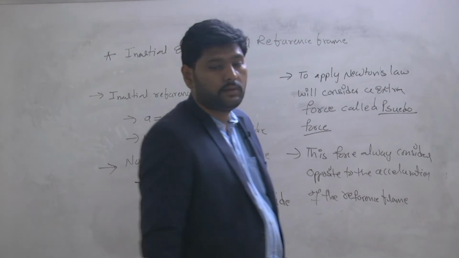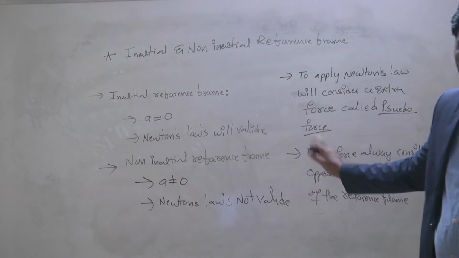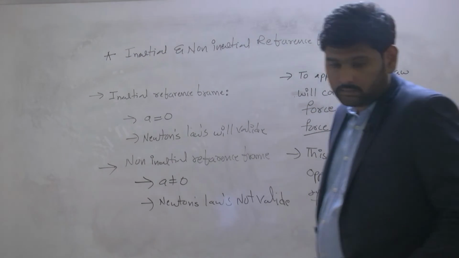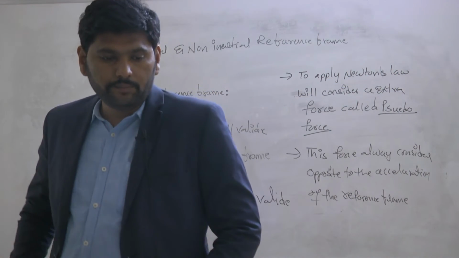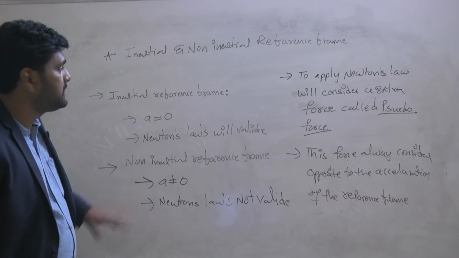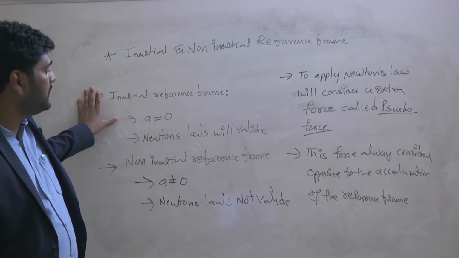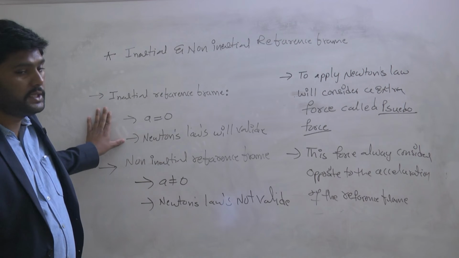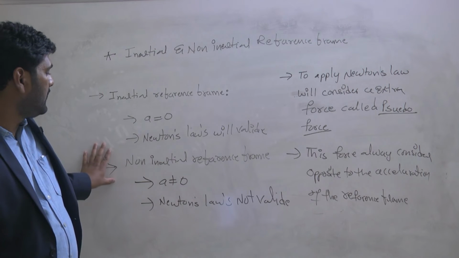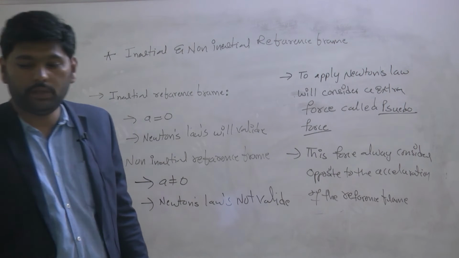We will explain this with an example. Don't worry. First write down all this. Inertial reference frame, non-inertial reference frame. Inertial reference frame means a zero-acceleration frame, and a non-inertial reference frame has acceleration. Understand? Do it.